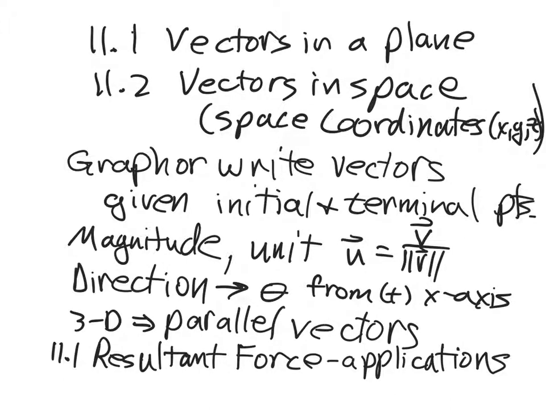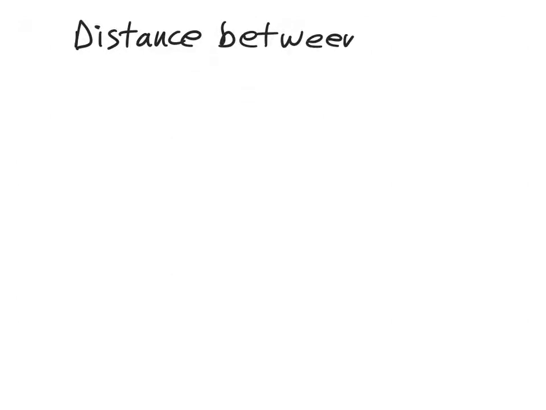And then section 2 we did a little bit more with just your graphing in 3 dimensions, graphing points. You'd have to be able to graph points to be able to graph a vector in 3D. But then distance between 2 points in 3D, which is really how we calculated the magnitude of a vector in 3D.